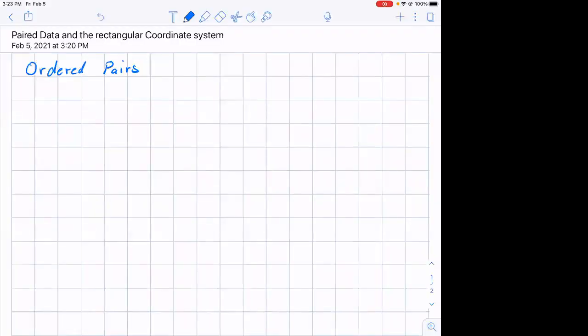Hello, we will look now at paired data and a rectangular coordinate system. Paired data is another thing we call an ordered pair.